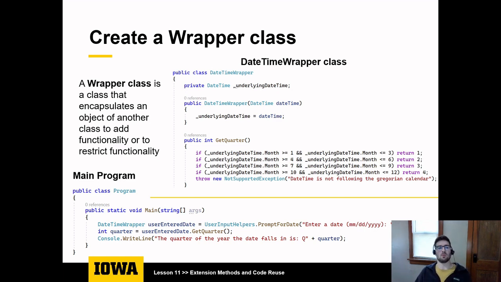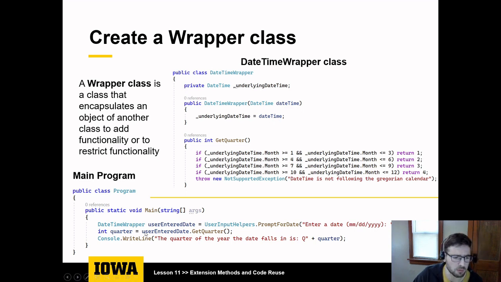So we've wrapped a class around another object here, and the method available on this wrapper class is GetQuarter. It performs that same logic by observing the properties of the object that it's encapsulating and then returning that result.